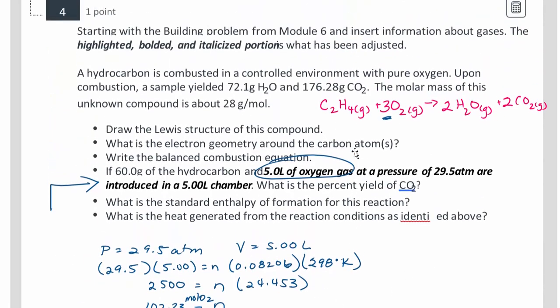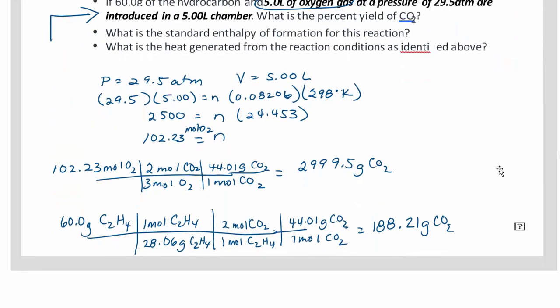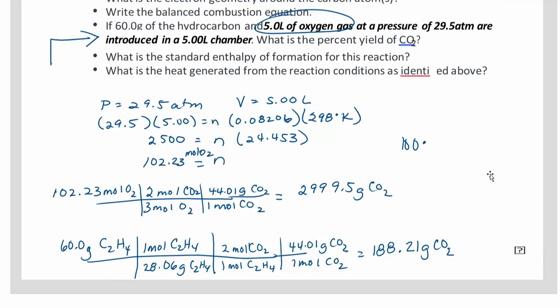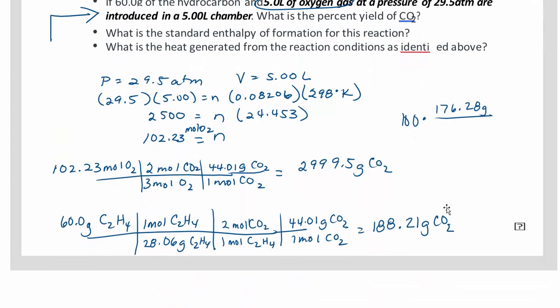Now, how many had I collected? 176.28 grams of carbon dioxide. So my percent yield is 100 times actual, which was the 176.28 grams, over theoretical, which is 188.21 grams.